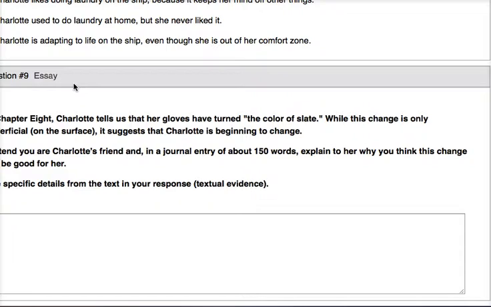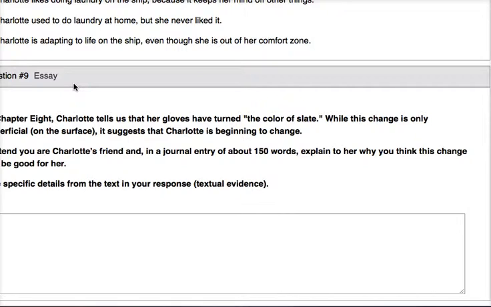So what you need to do is pretend you are Charlotte's friend. And in a journal entry of about 150 words, explain to her why you think this change will be good for her. And use specific details from the text in your response. Textual evidence. Okay, 150 words may seem like a lot, but it's only a couple of sentences.